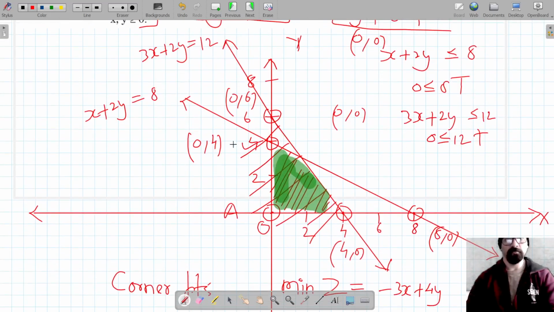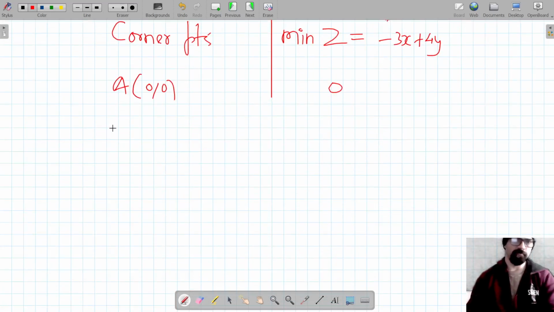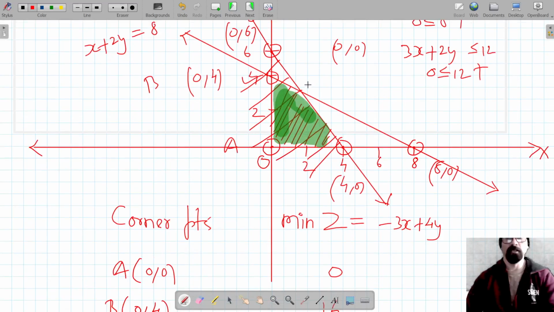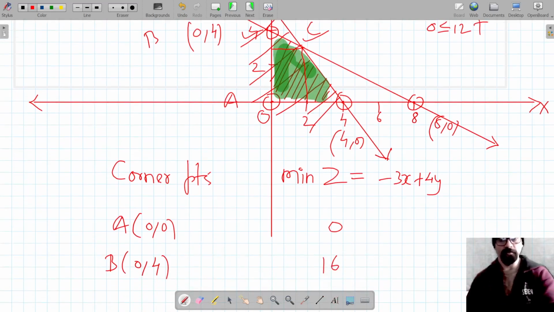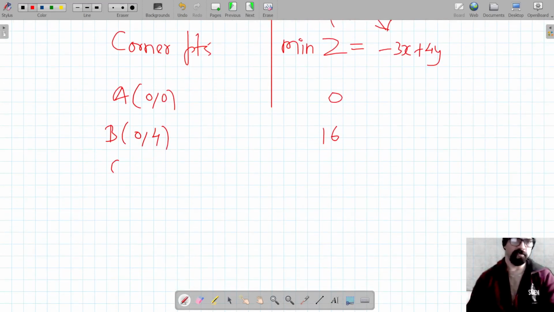And second is, let's say B, which is 0 comma 4, and this is 16 because 4 fours are 16. And the next is C. The point of intersection of these would be 2 comma 3.